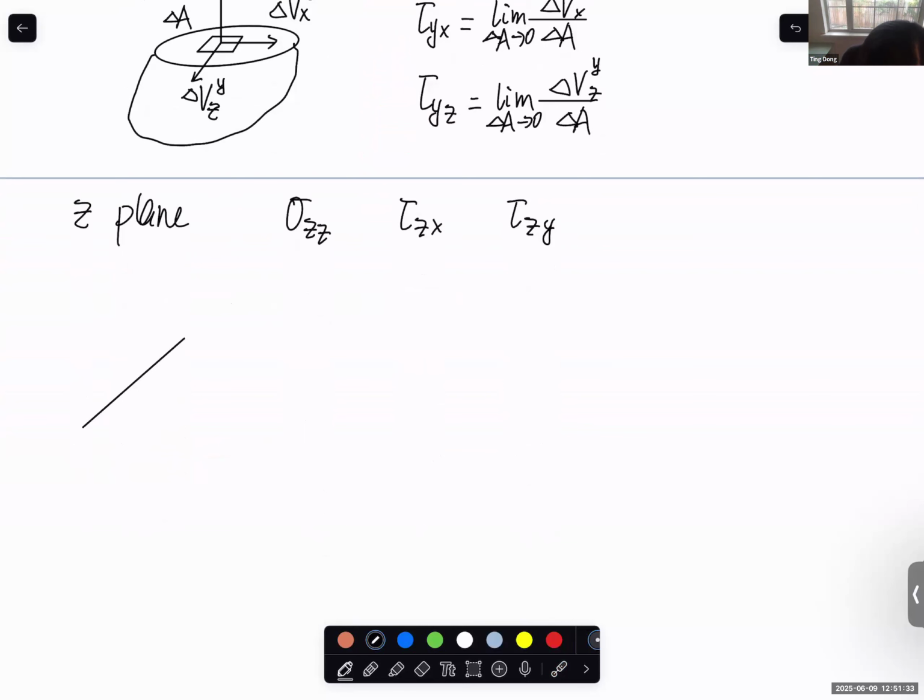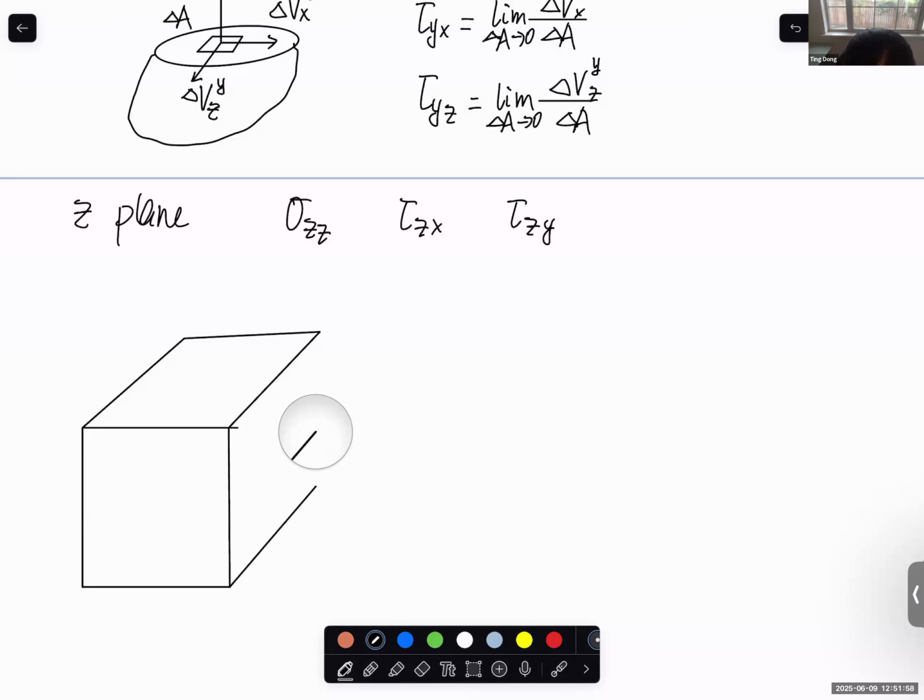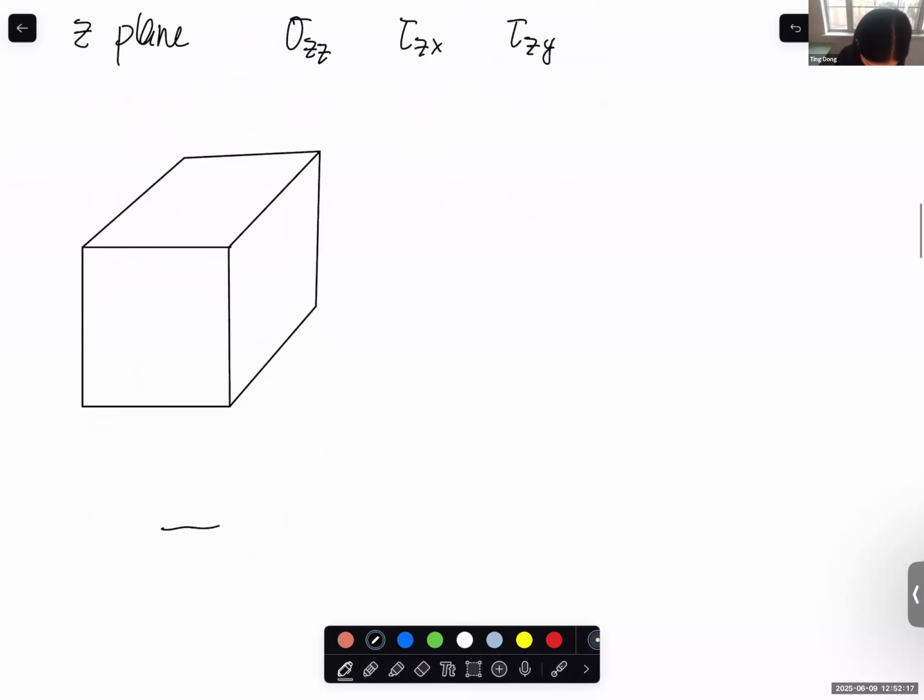And of course, now let's say we take a cube around the point Q. Then I can put it this way, with the same coordinate system, let's say this is x, y, z.